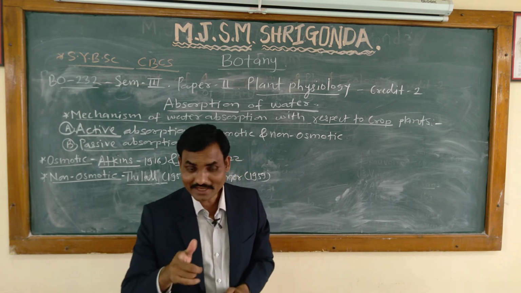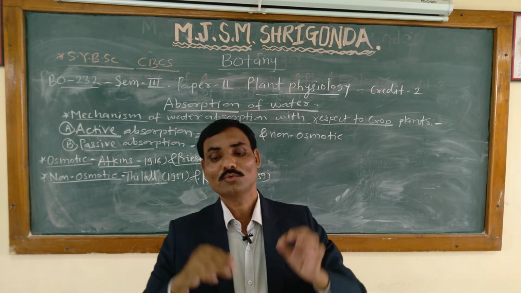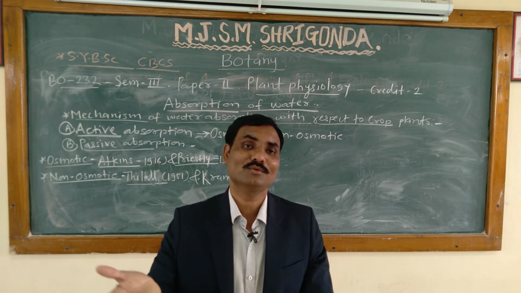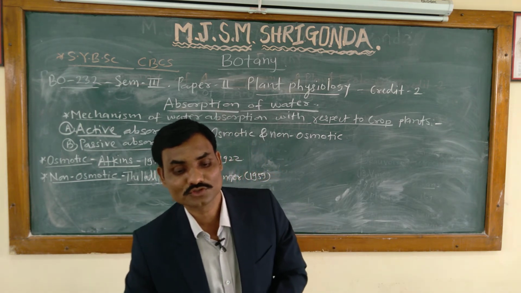And due to this, what happens? Water enters the cortical cell B from root hair cell A. From root hair cell A to cortical cell B, that water moves.